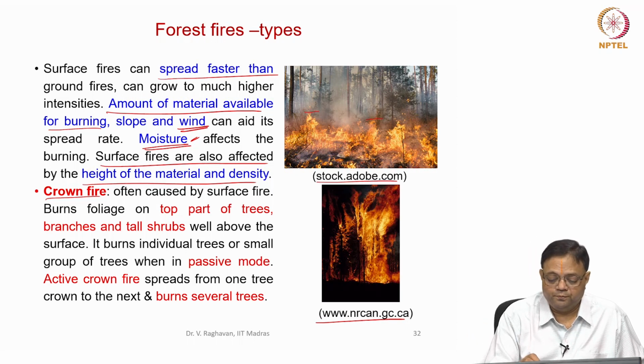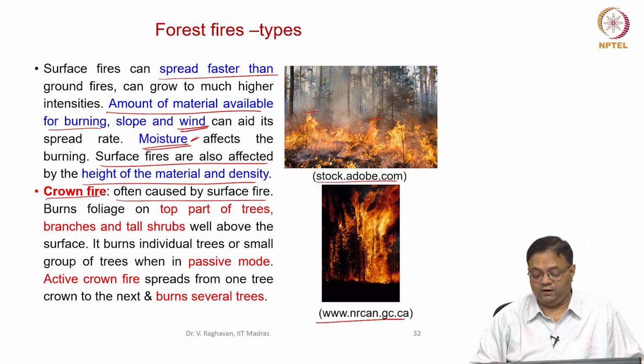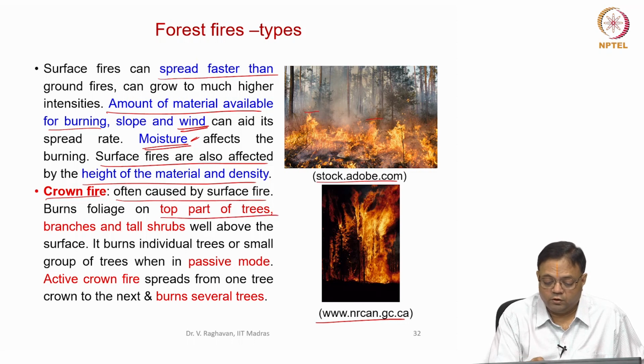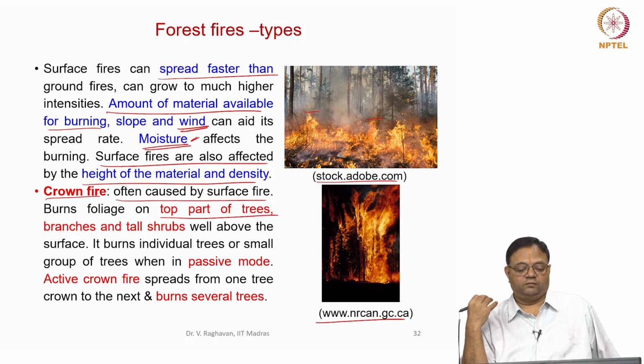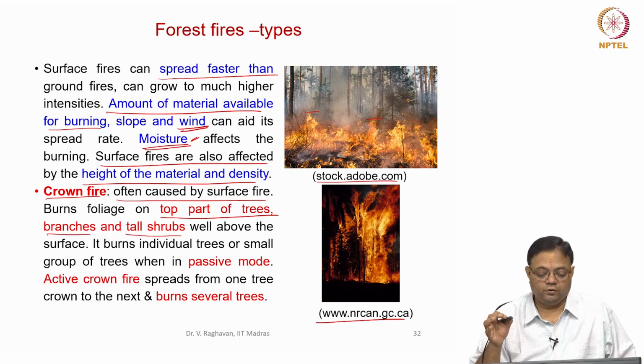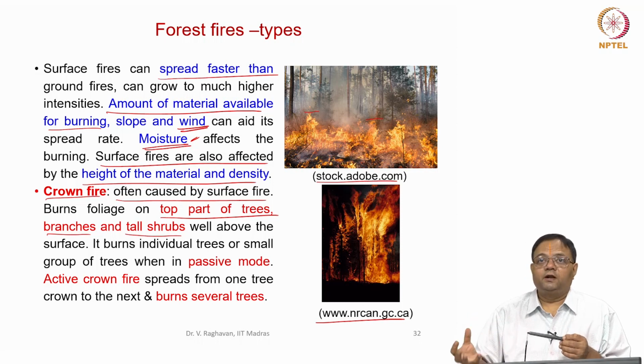What happens is the crown fire is often caused by a surface fire. The fire basically is seen in the top part of the trees, all the branches, tall shrubs, etc., well above the surface because of the radiative ignition, etc.